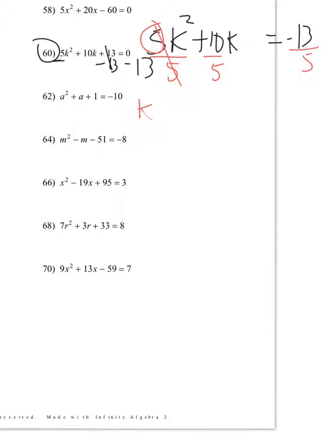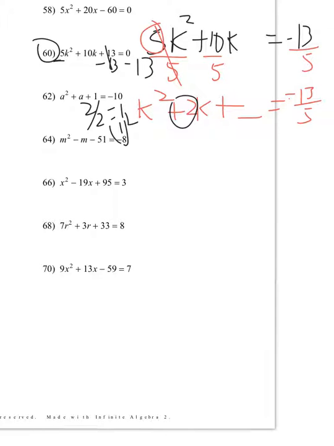So now I have k squared plus 2k, and over here I have negative 13 fifths. I'm going to leave a little space here because we've got to go through the completing the square method. So I'm going to take half of 2, which is 1, and I'm going to square 1, which is 1.